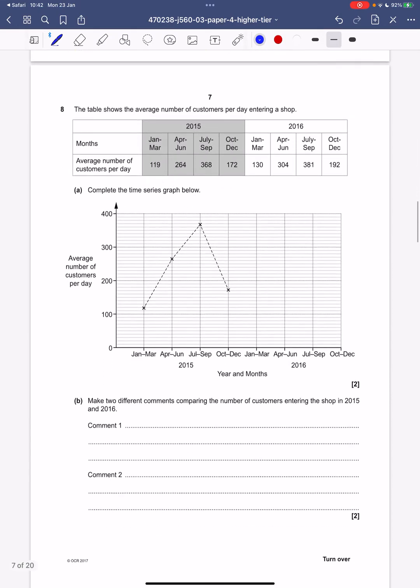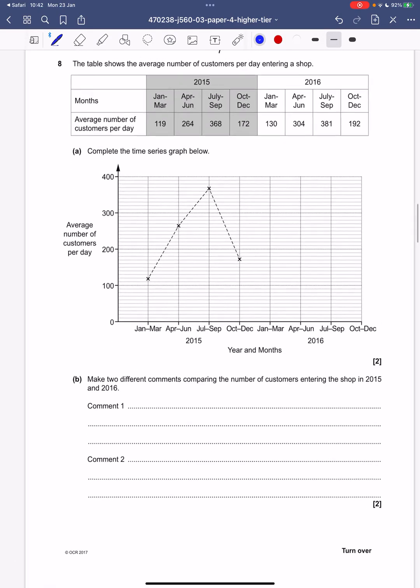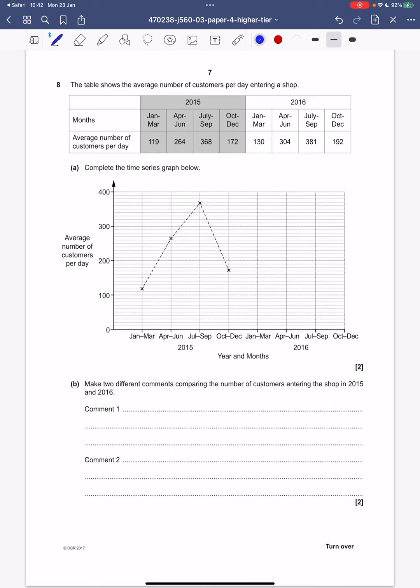Okay. Number 8. The table shows the average number of customers per day entering a shop. In January to March 2015, there's 119. So these are going up in tens.